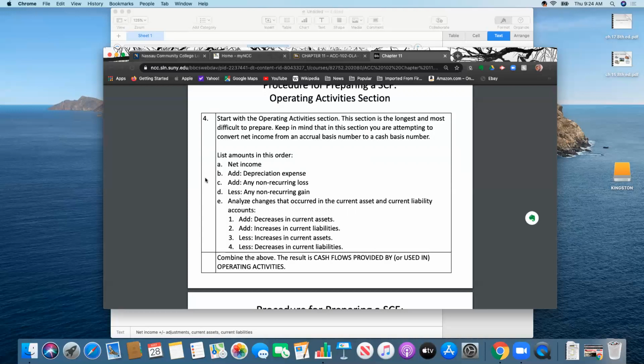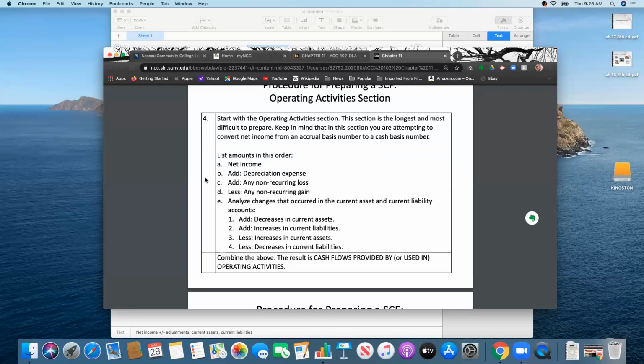And if any current liabilities decreased, you subtract the decrease, right? In my opinion, this is the hardest part. This is the confusing part. Why? Because you're adding a decrease and you're subtracting an increase, right? It's kind of counterintuitive. So with the assets, you've got that craziness, right? You're going to add decreases and subtract increases.